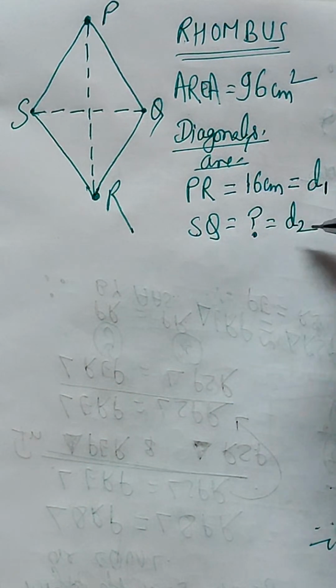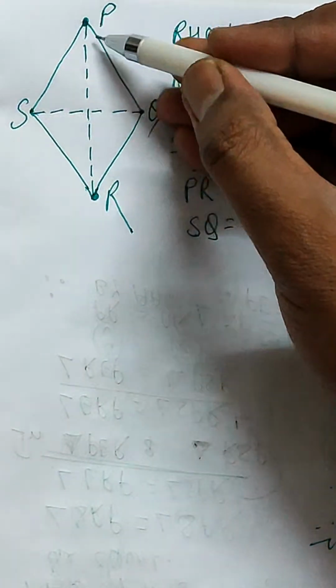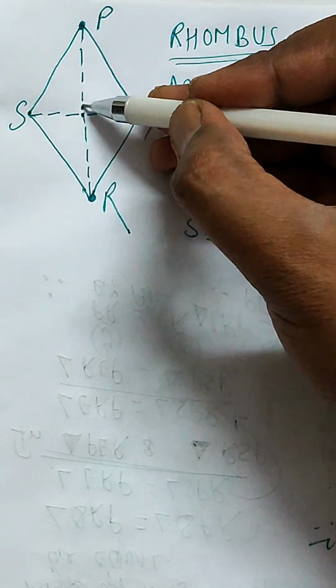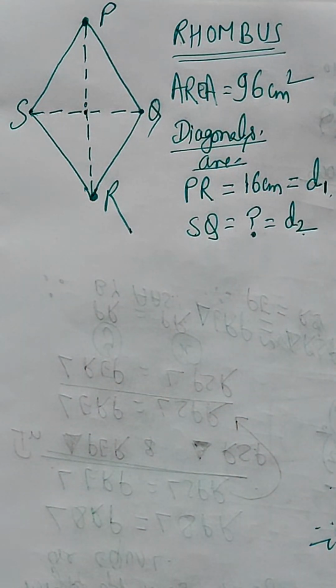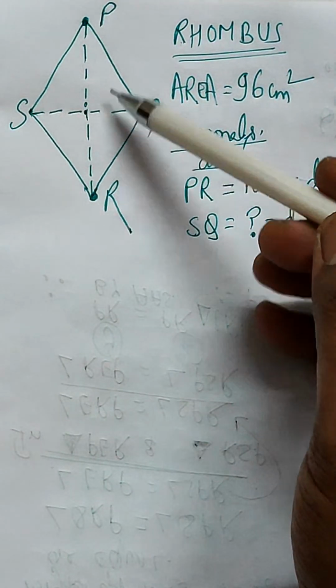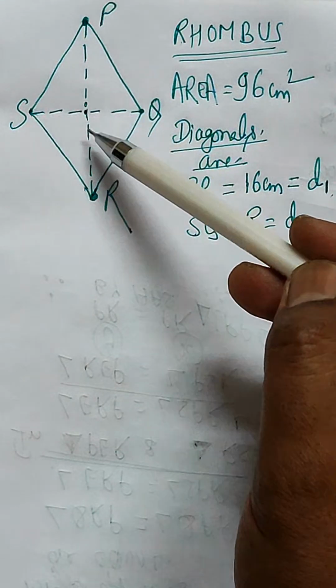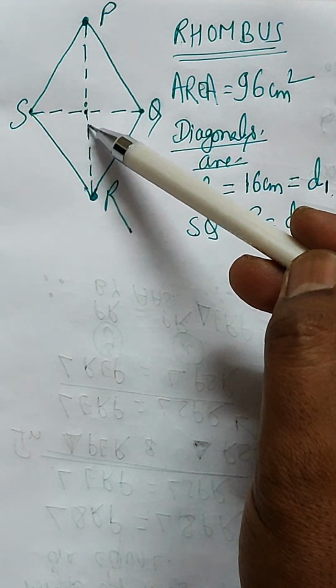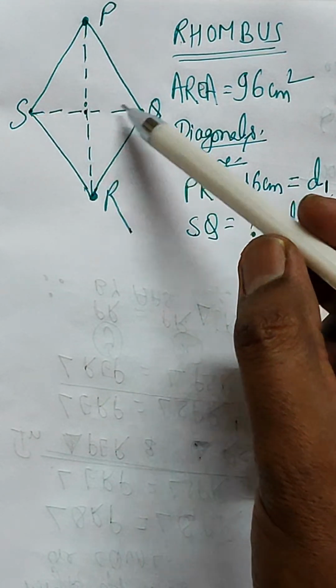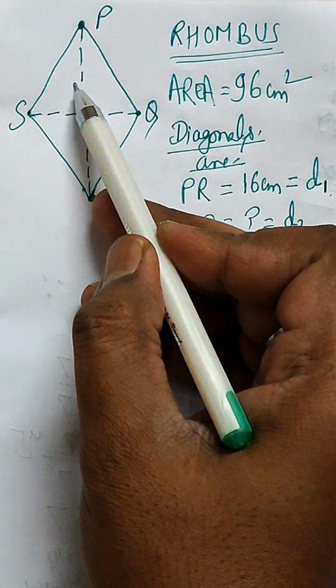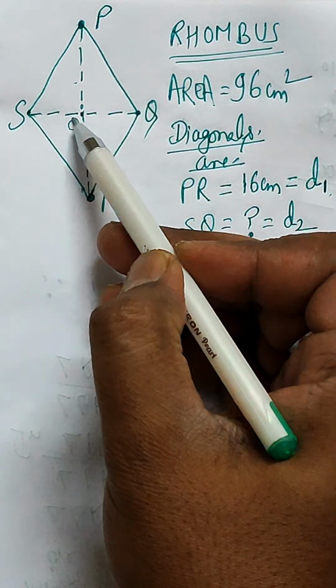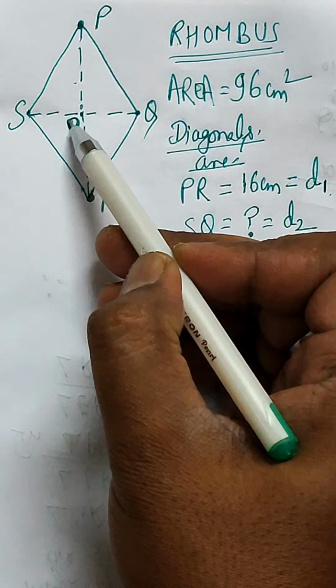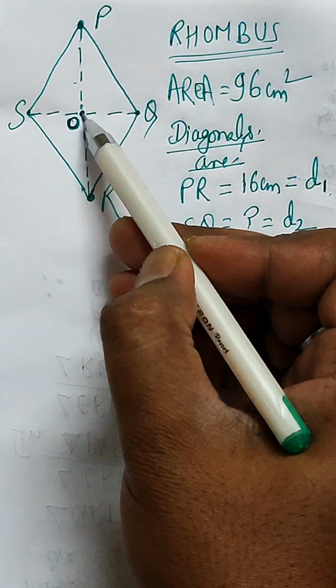What is D1 and D2? That means diagonal 1 and diagonal 2. So, you know the property of a rhombus, as we discussed: the diagonals of the rhombus intersect each other at 90 degree. Not only intersect, they bisect each other. That means let's say they are crossing each other or intersecting at O, right?